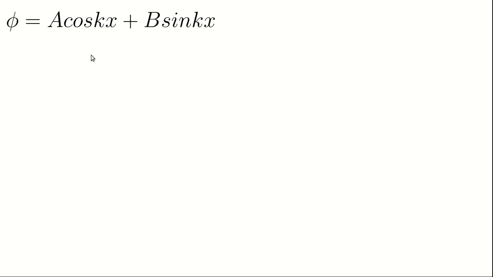So what we want to look at is to apply certain conditions to determine the constant A, constant B, and constant k, because these are 3 unknown constants to be determined. So these are the boundary conditions.